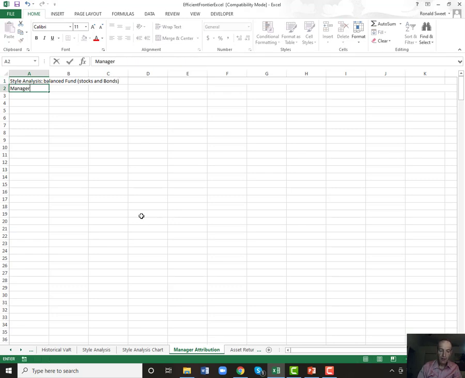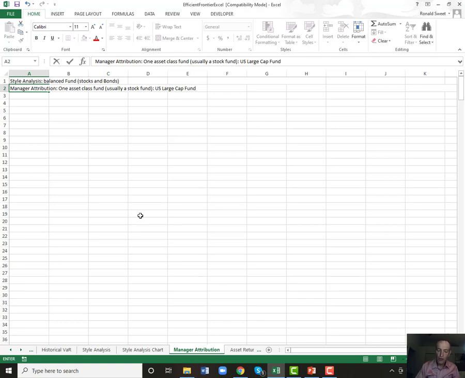For manager attribution, you want a one asset class fund, usually a stock fund. Stock funds work the best. For example, you might want a US large cap fund. You don't want them to have US and non-US stocks. You don't want them to have large and small cap stocks.